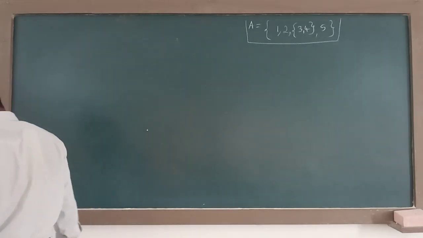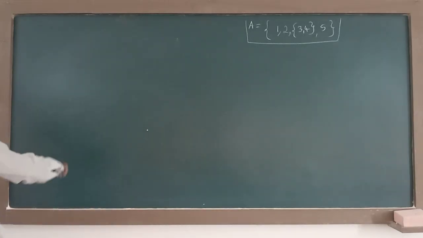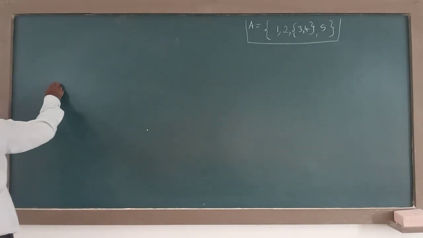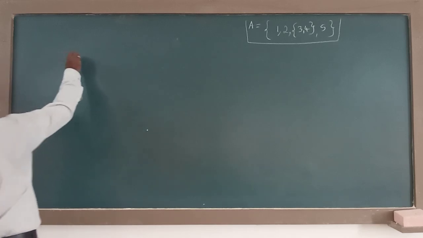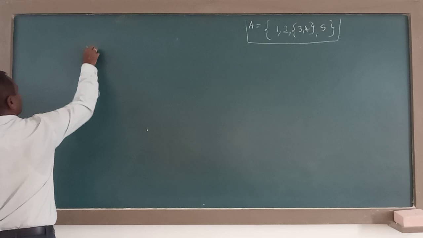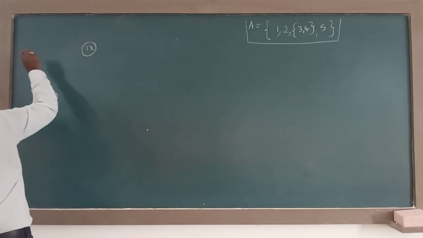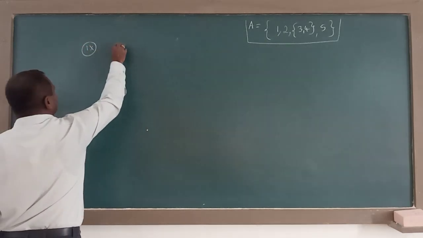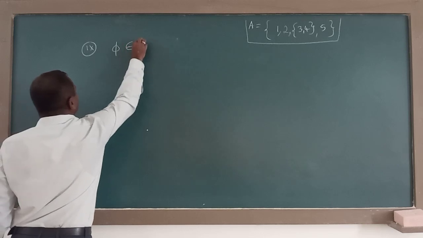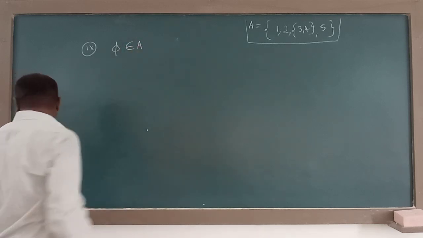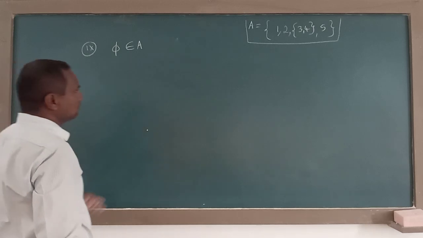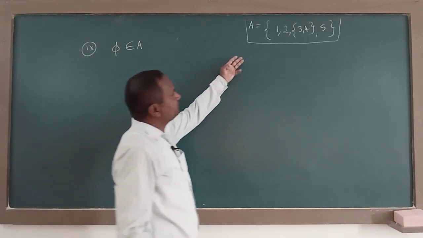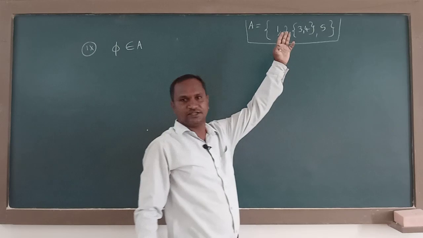Next one is the ninth question. 5 belongs to capital A. But if you observe the elements of set A, 5 is not present here.